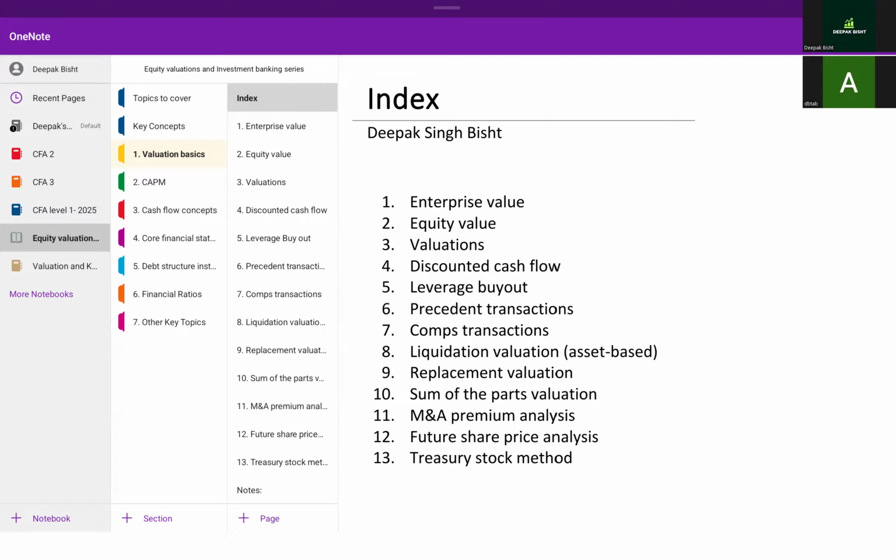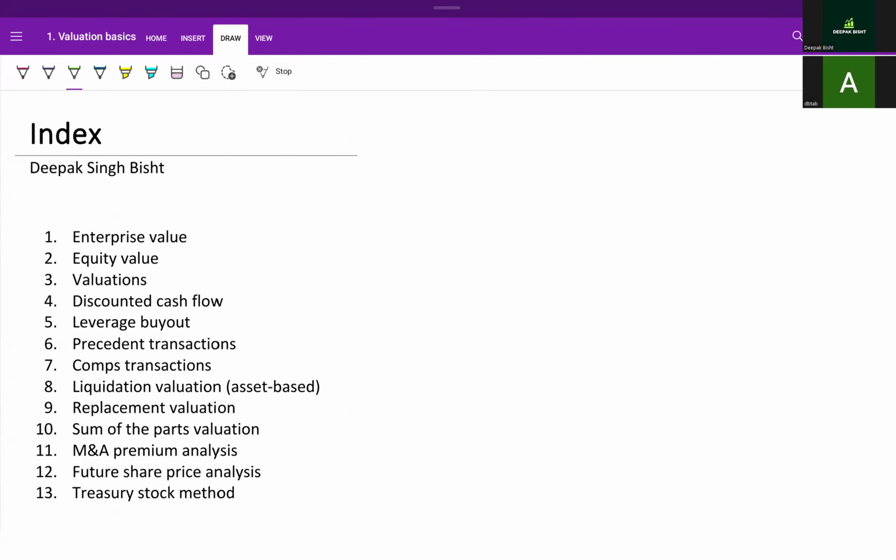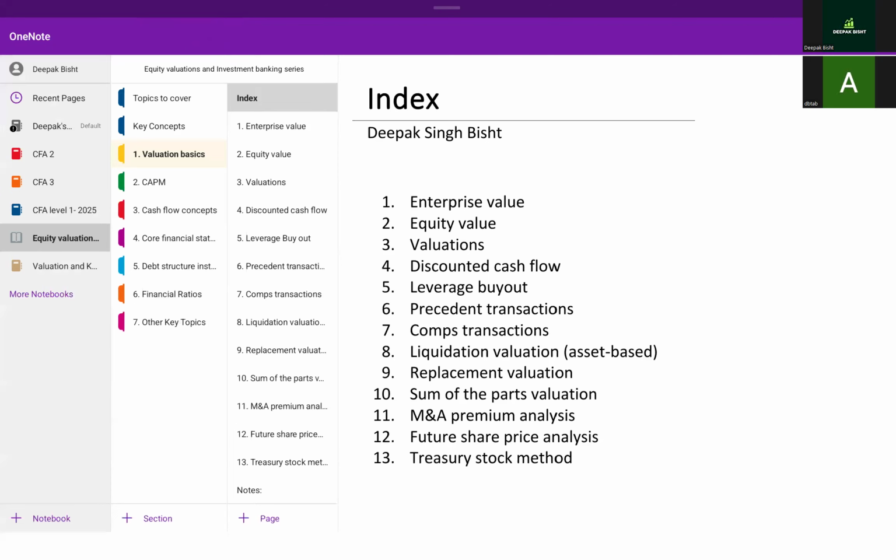Now this is a new series where we will be discussing the key concepts. Today is session one, episode one of the key concepts, and we will be starting with valuation basics. We have previously used these basic elements in the form of questions, what we are trying to find.